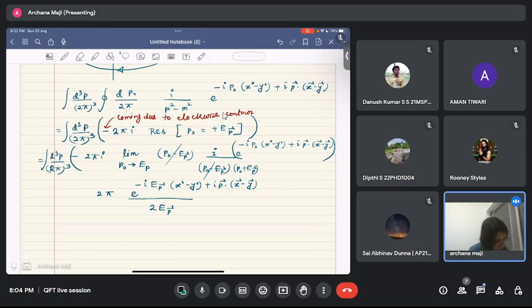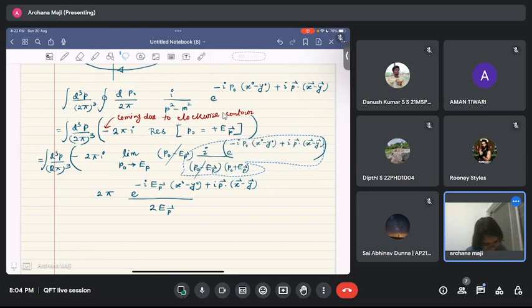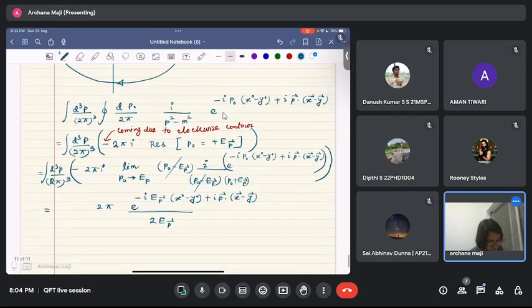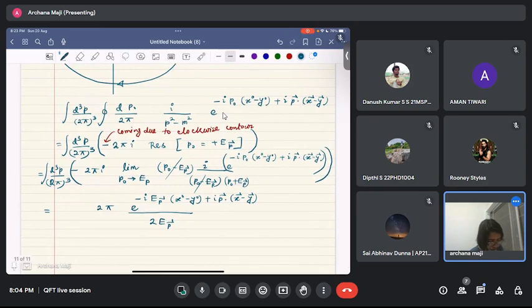Oh, I'm running out of space. Right, so there was a 2 pi here in the denominator, so let me put that.